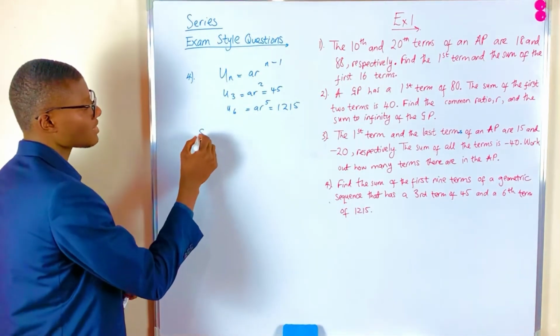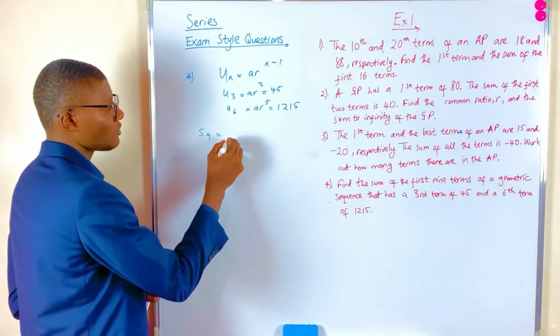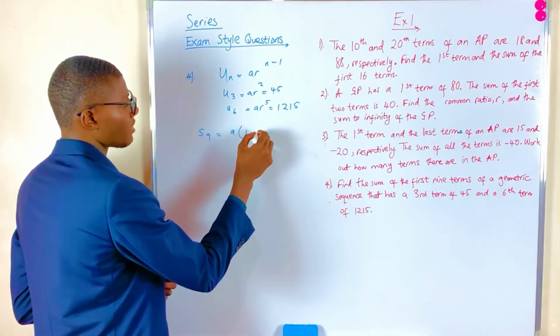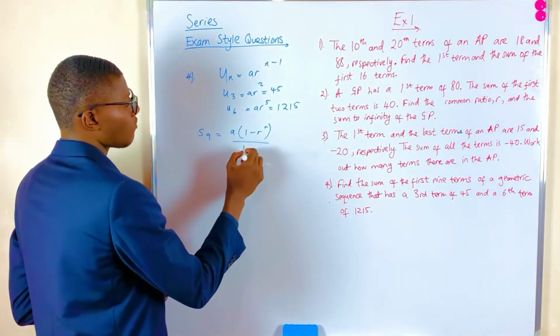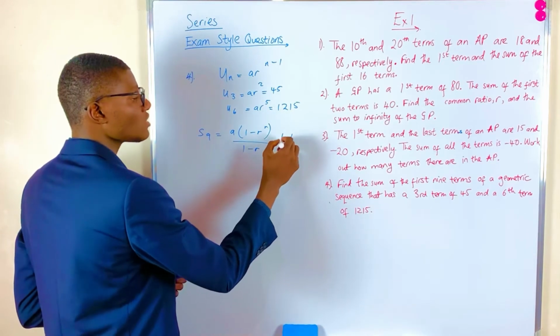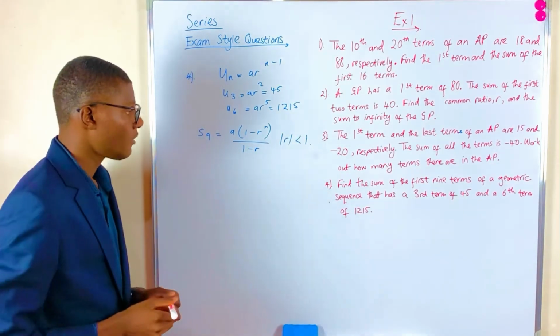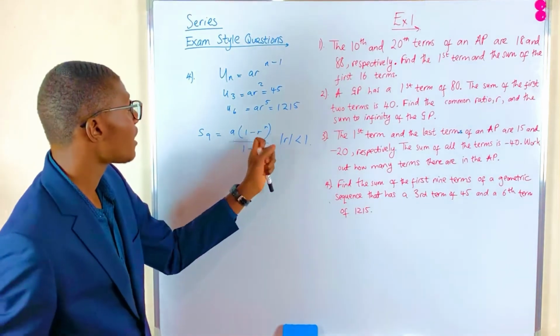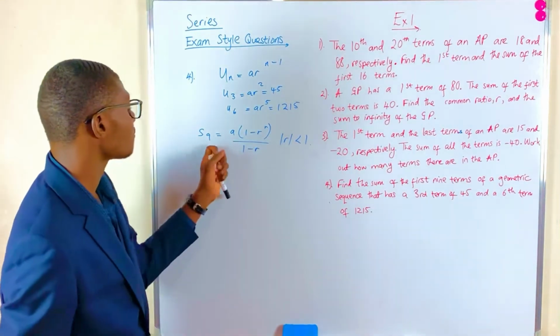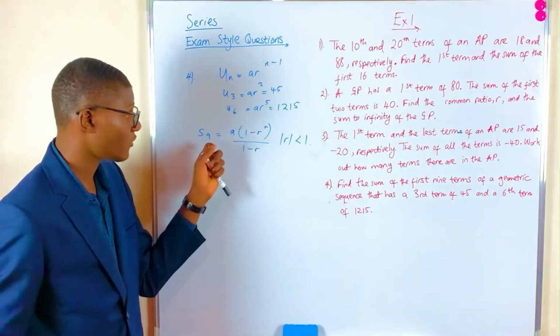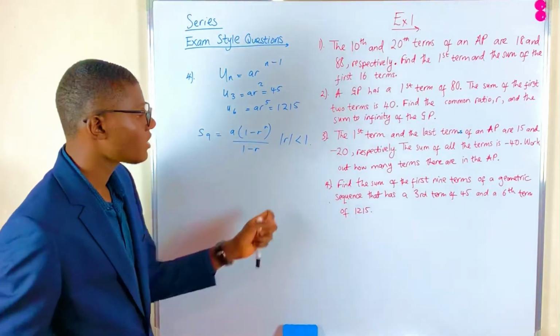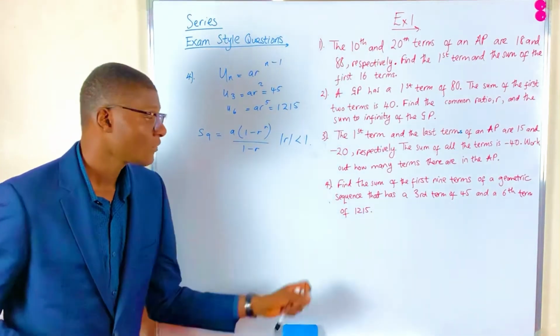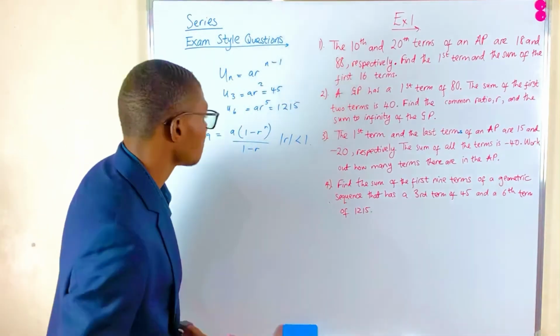We need to find the sum of the first 9 terms, which is A times 1 minus R to the power of n over 1 minus R, provided that the modulus of R is less than 1. So we need A, the first term, and R, the common ratio. We know that n is equal to 9 already. So we need to find A and R and substitute in this formula to calculate the sum of the first 9 terms.